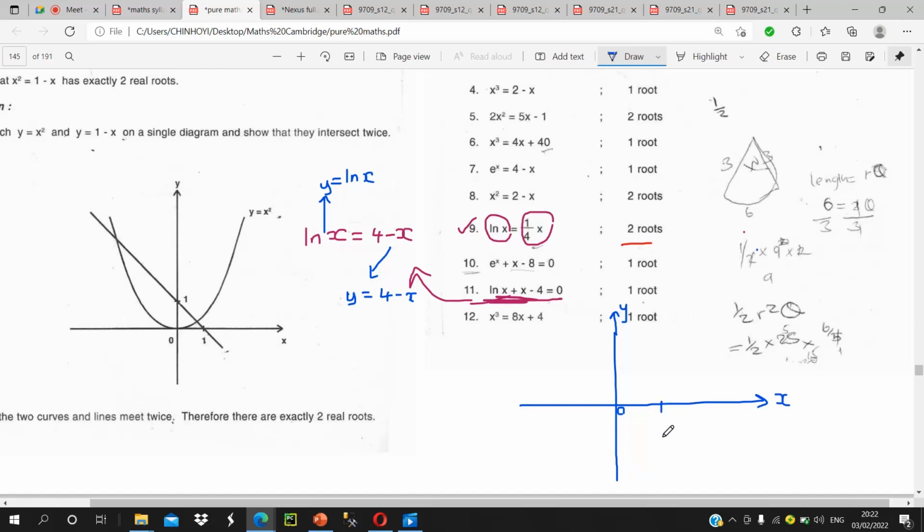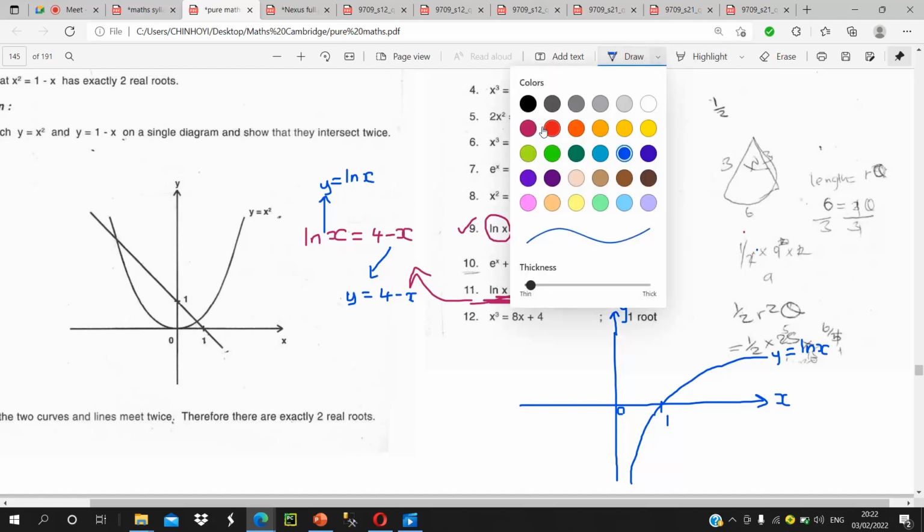Firstly, the graph of y equals ln x, it cuts at what? At 1, right? Yes, 1 here. So this one is the graph of y equals ln x. Are we together for the first graph? Yes. Let's move on to the second.